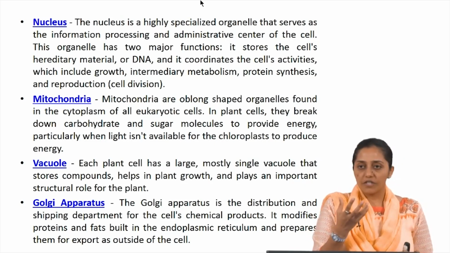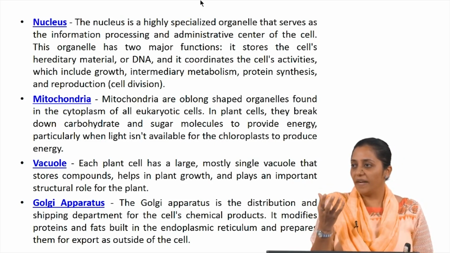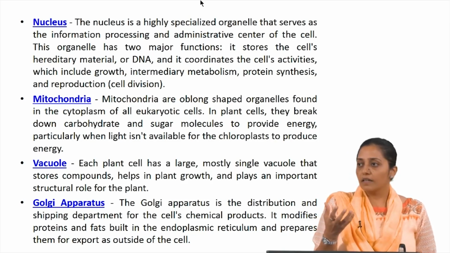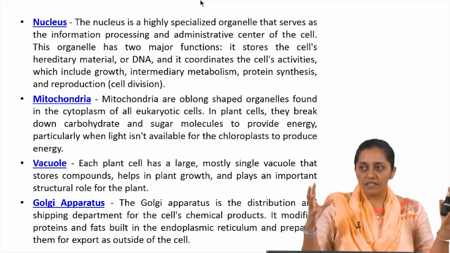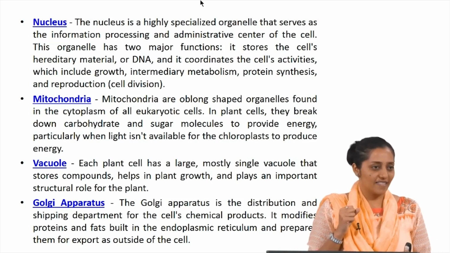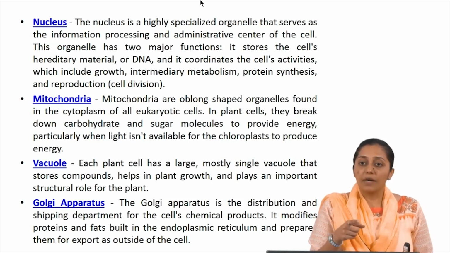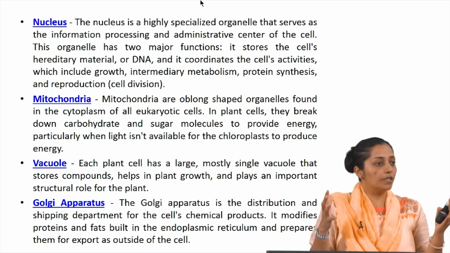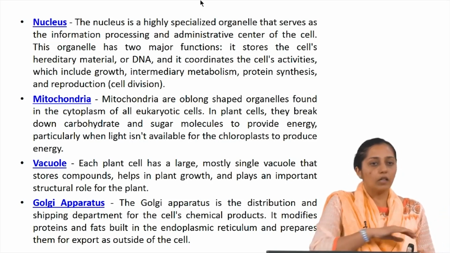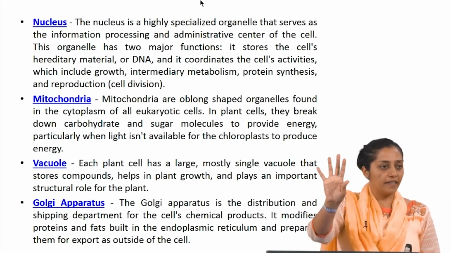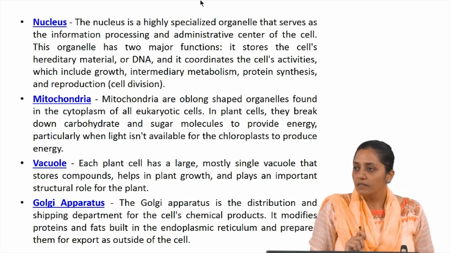So turgor pressure causes the cell to maintain its turgor, and when the vacuole extends, it will prevent plasmolysis. The other added advantage is that if there is good turgor pressure, all the cell organelles will be extended and pushed towards the cell membrane.